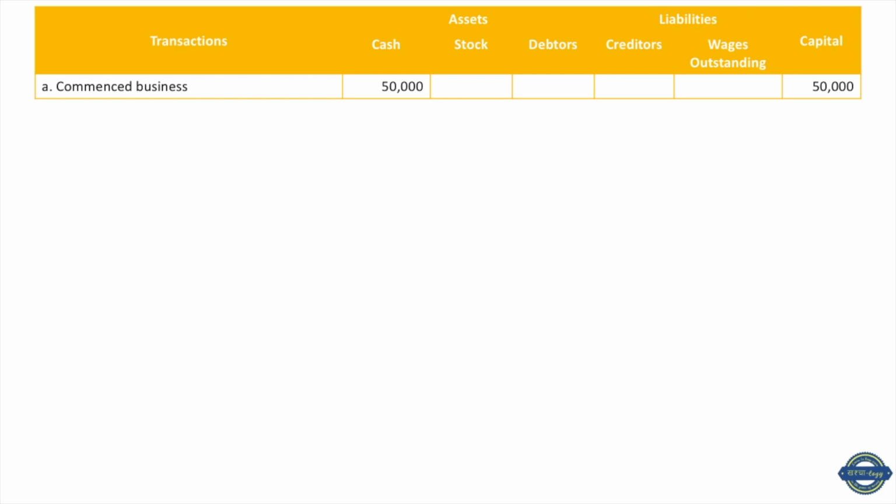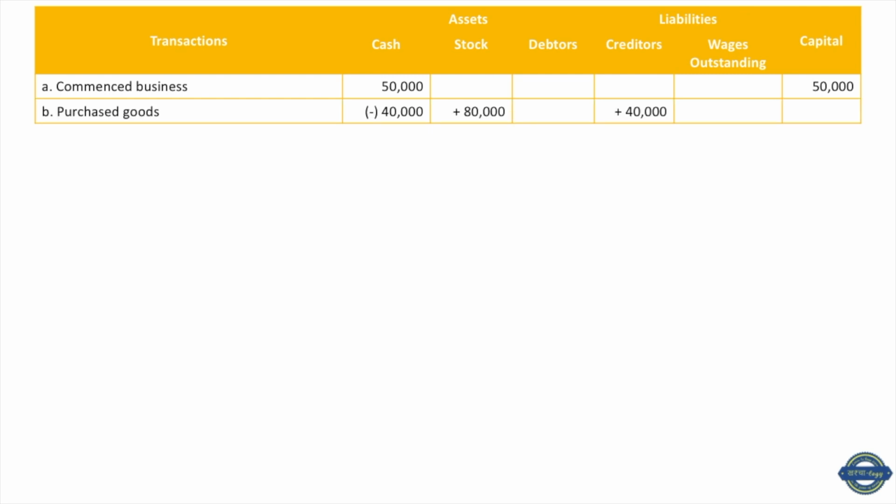First, commence business. He commenced business with cash rupees 50,000. So we will write rupees 50,000 as there is an inflow of cash in the business, and 50,000 in capital as this is the money that we owe to the owner.